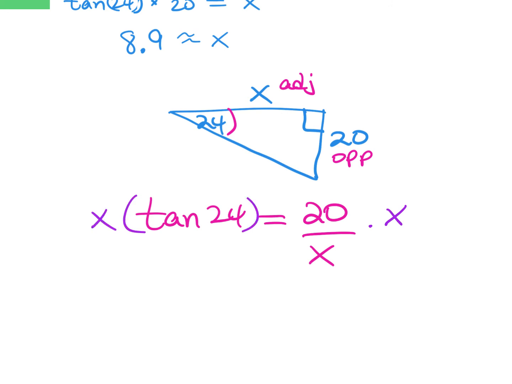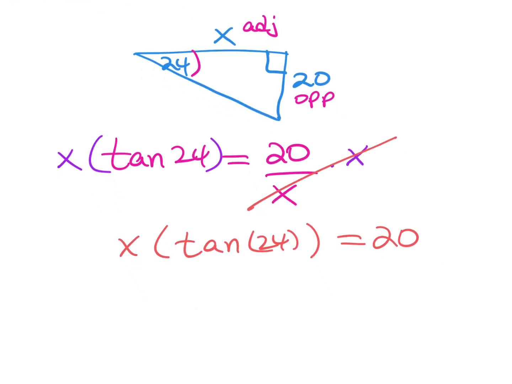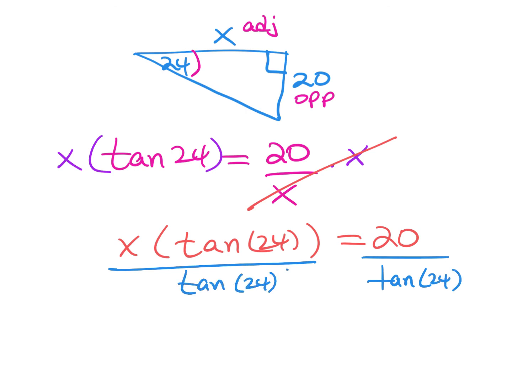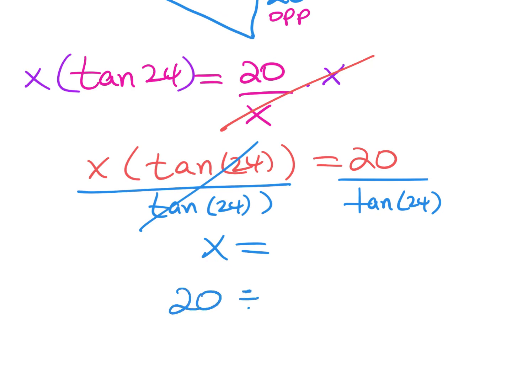That cancels it out of the bottom. And now I'm left with x times the tangent of 24 equals 20. Now to solve for x, I need to divide both sides by the tangent of 24. That cancels. And now on your calculator, you're doing 20 divided by the tangent of 24, and then you should be getting 44.9.